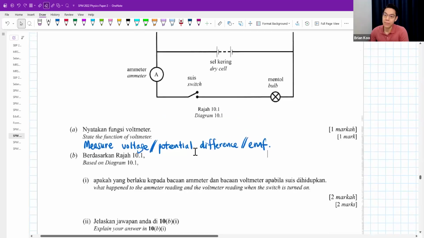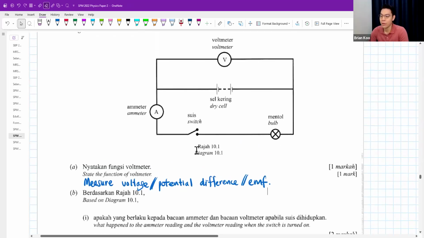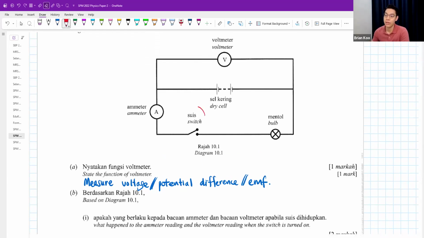Then part B, what happened to the ammeter reading and the voltmeter reading when the switch is turned on? Right now, when you put your voltmeter there and the switch is open, do you know that your voltmeter is going to give you an e.m.f. reading, and your ammeter reading will be 0 ampere at first when the switch is not connected?